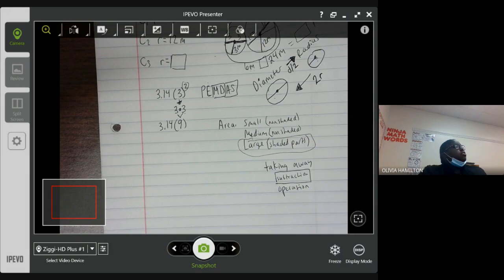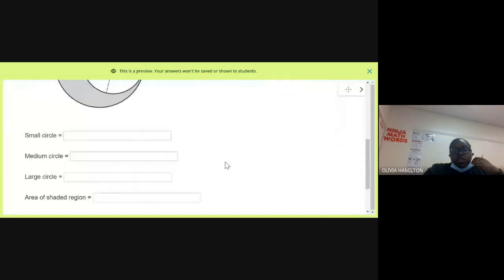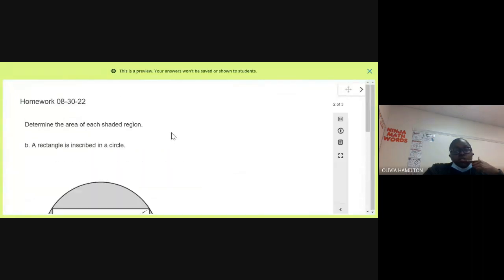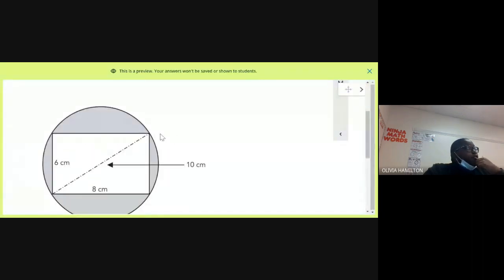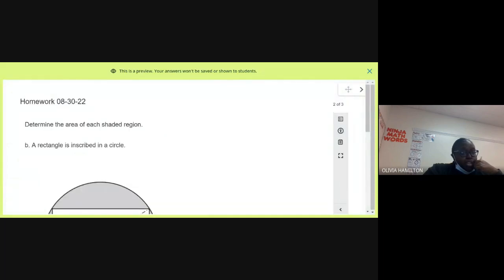Now let's move on to number 2. Because number 2 was, from what I've seen, a difficult one as well. So let's look at number 2. So for number 2, we have 2 shapes. And it describes it here. Determine the area of each shaded region, and a rectangle is inscribed in a circle.